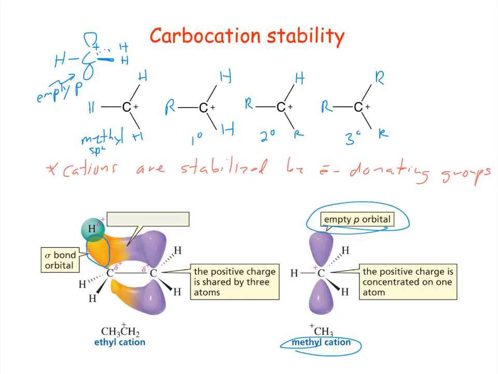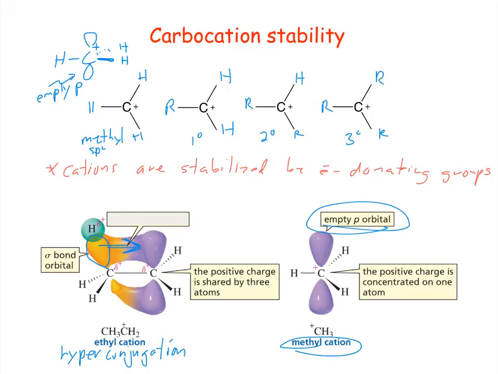That's made up by these sp2 hybridized orbitals on carbon, and this sigma bond can donate some electron density into that empty p orbital. All right, this is a process or situation called hyperconjugation.